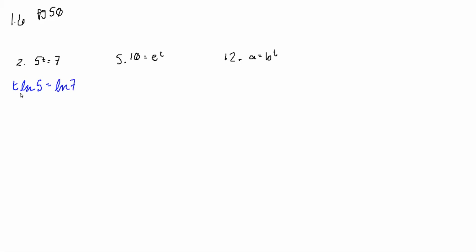The important thing to remember here is to take the natural log of both sides. Just to reiterate for people watching, we took the ln of 5^t, and any exponent in a natural log can be moved out, so it's multiplied. So it's t times the natural log of 5. After this, how am I going to isolate t? You're going to divide both sides by the natural log of 5. Yep.